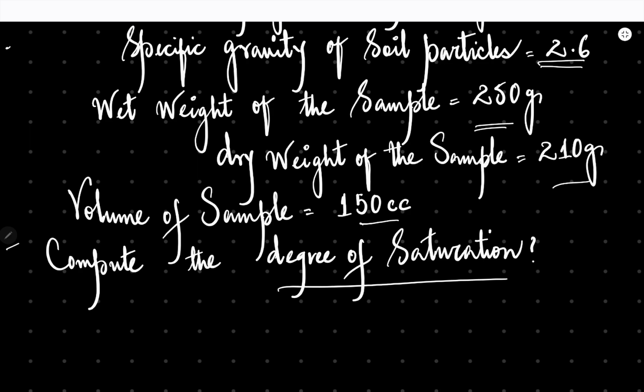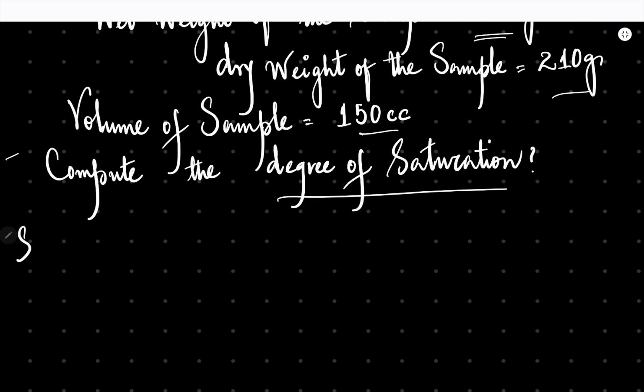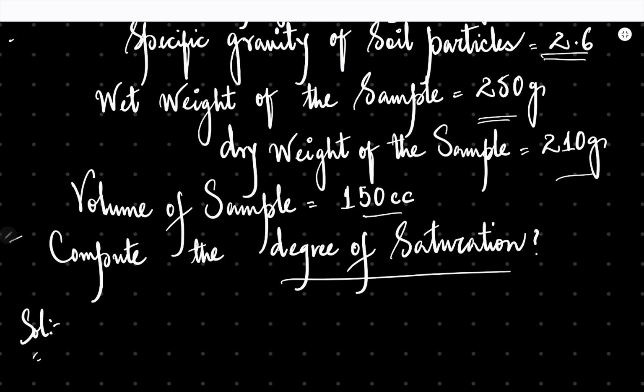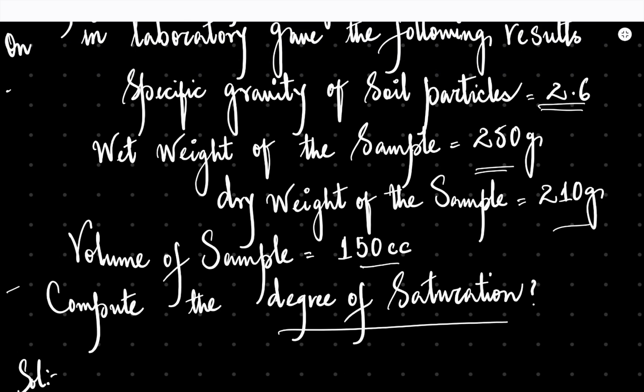Alright, so let's solve this question. What data has been given? Specific gravity, wet weight of the sample, dry weight of the sample, volume of the sample. We have to compute the degree of saturation. Since both wet weight or bulk weight or moist weight and dry weight of the sample has been given, we can very easily find the water content.